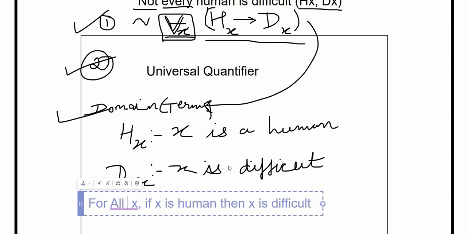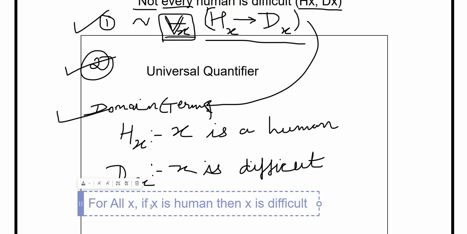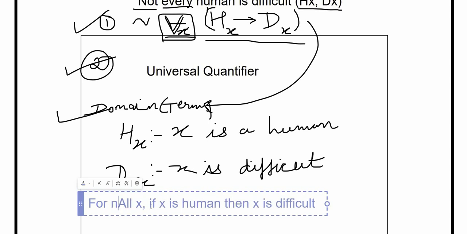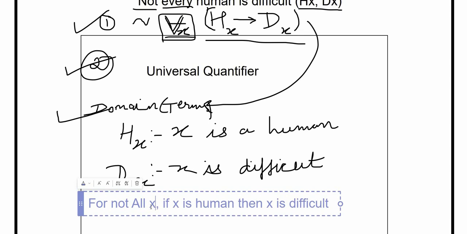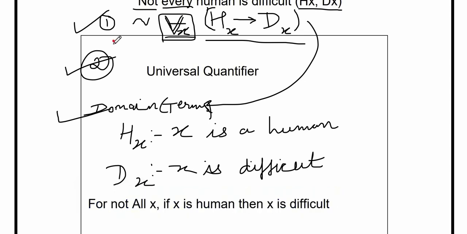And then we have to also use the negation symbol, right? So it means: not for all x, if x is a human, then x is difficult. Because we are solving the first one, we are writing the description of how to read it.